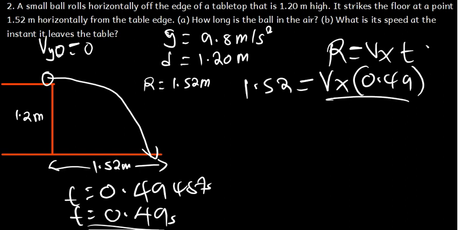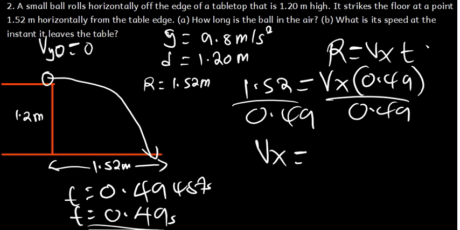I can divide both sides by 0.49, so I can see that my Vx in this case is going to be 1.52 divided by 0.49, which is giving me 3.10 meters per second.